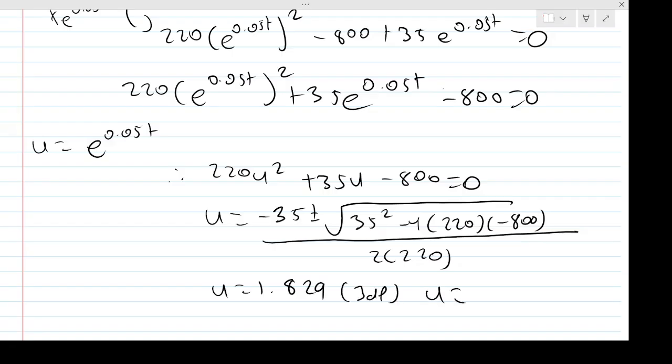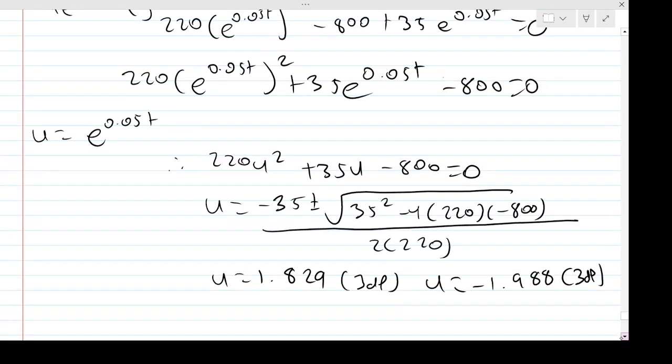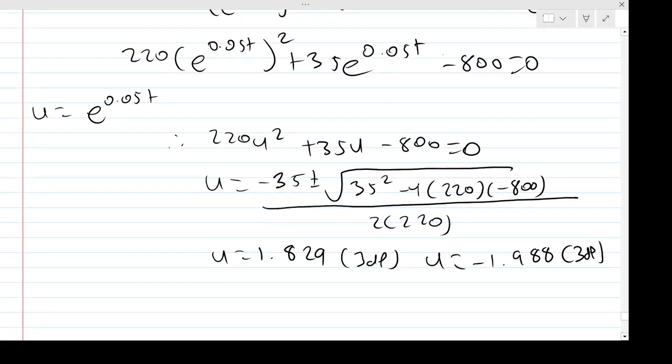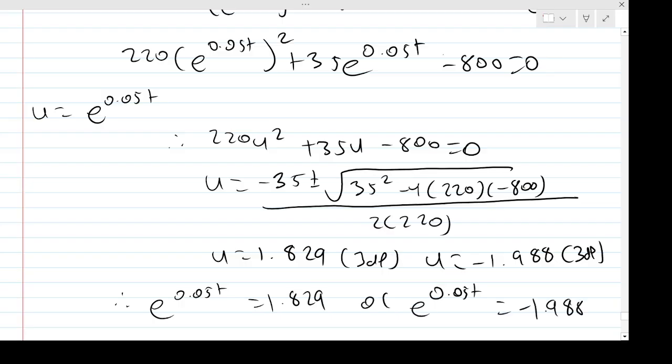Or u is minus 1.988, again to 3 decimal places. And of course I want to solve for t, not u, so that means e to the 0.05t is equal to 1.829, or e to the 0.05t is minus 1.988.